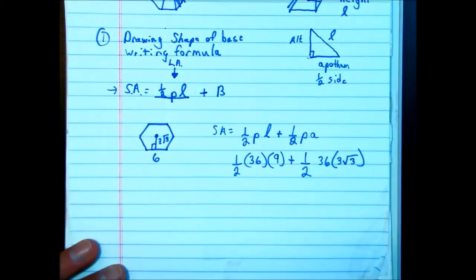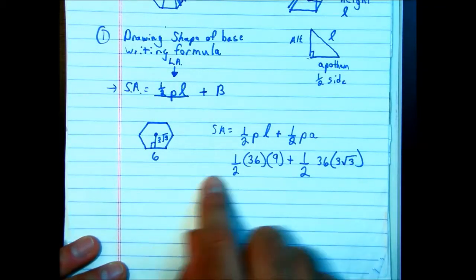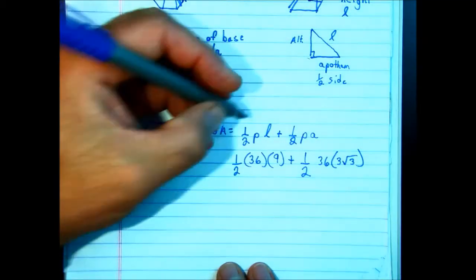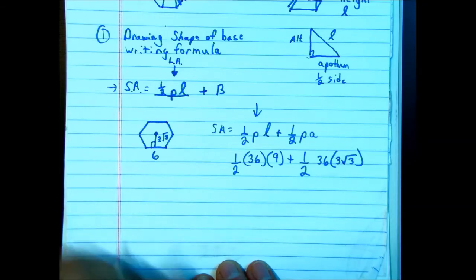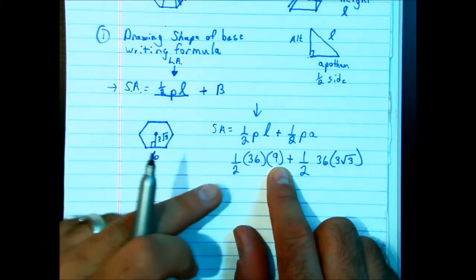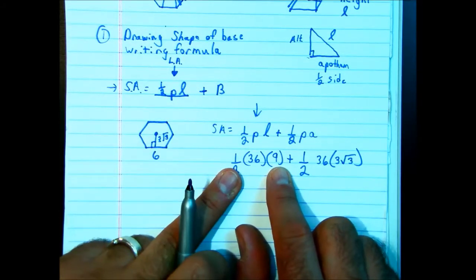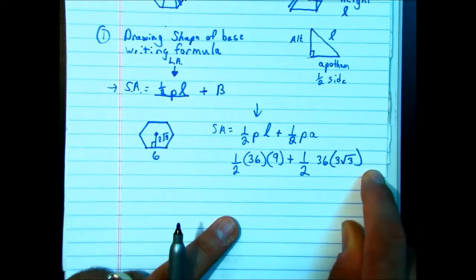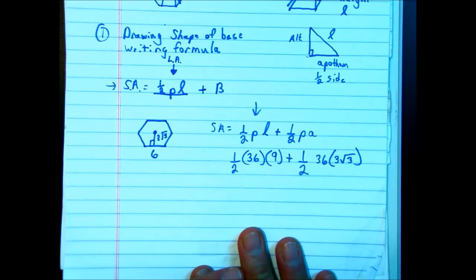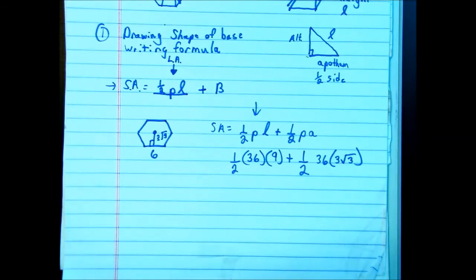Now, if they want the lateral area, which part of this equation is the lateral area? Correct. It's that. It's always the front. So you can type in the lateral area, hit equal, it gives you the lateral area. Then hit plus, and it'll say the answer plus, then type this in, and it'll give you the surface area. Okay? So it works out every single time.